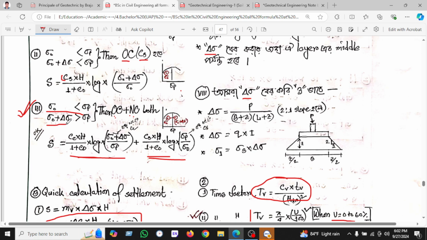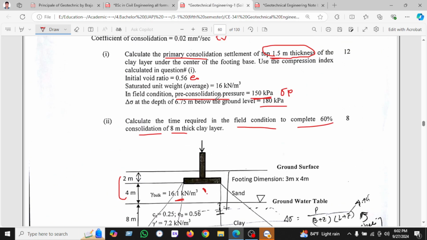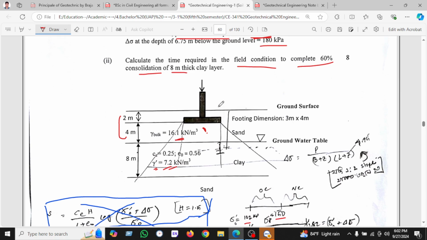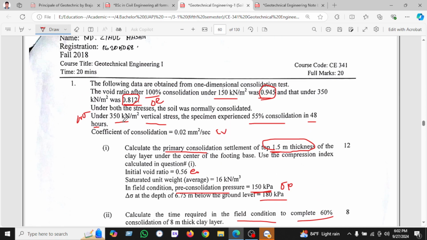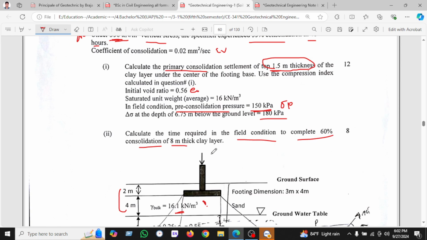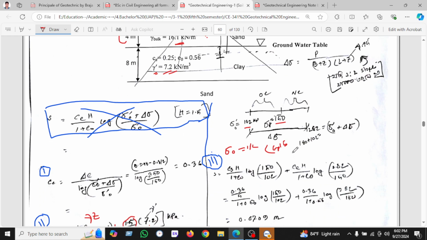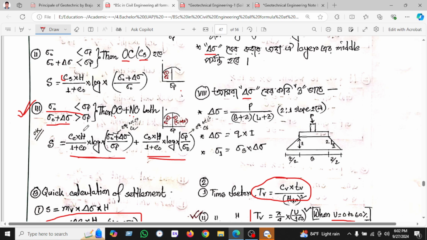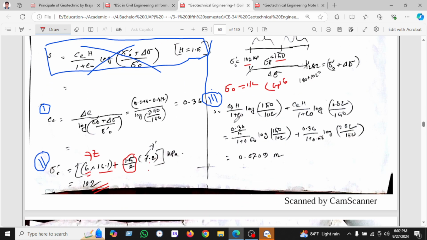Another one, if we calculate sigma naught plus delta sigma, delta sigma is given here as 350. So 350 plus sigma naught is greater than sigma p, so we will use this formula. We will use it in this formula.